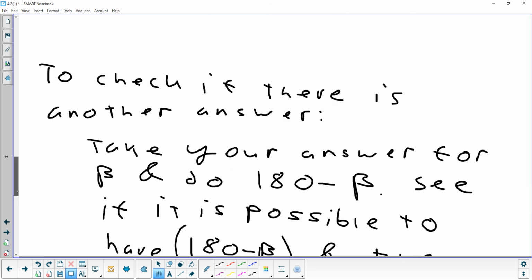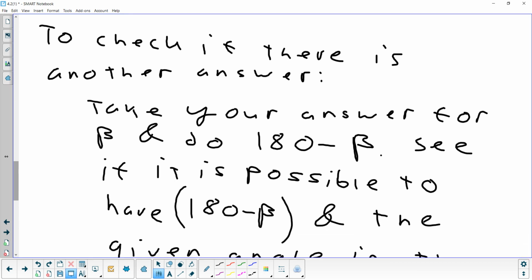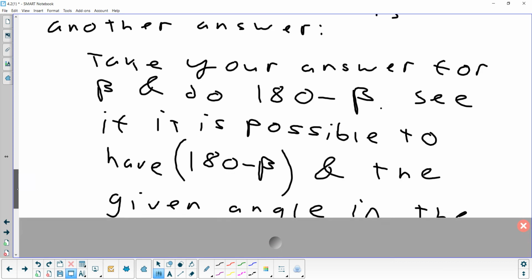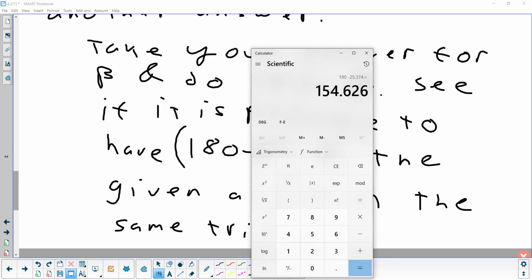Now, see if it's possible to fit that angle and the one you were given in the triangle. So we want to see, is it possible to fit 154.626 and the angle that I was given to start?